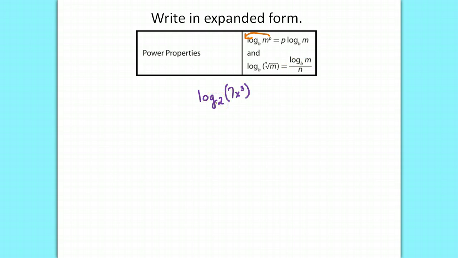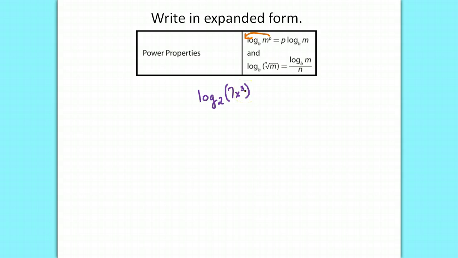So let's try one. We're going to just try to write this in expanded form. So in other words, right now it's written as a single logarithm. We're going to try to break this apart using the properties that were on the previous slide and the properties on this slide. So one thing that I see in this problem is we have some multiplication going on. 7 times x cubed.